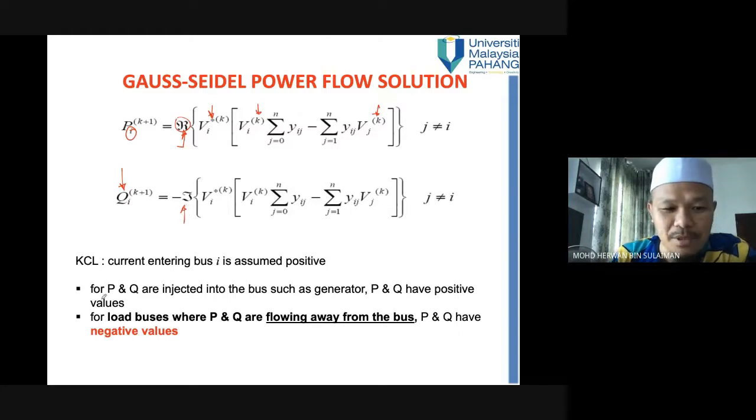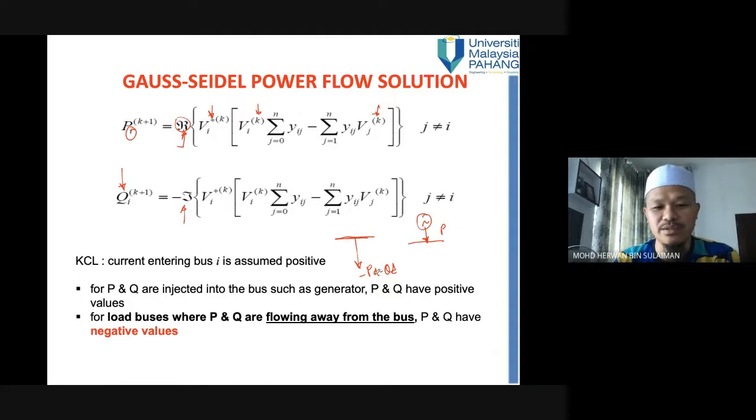And then for PQ, P and Q are injected into the bus, such as a generator. P and Q have positive values. So this means that, let's say we have generators, because the current is entering, this is the generator. That's why P and Q must be assumed to be positive values. However, when we have a load, PD and QD normally we construct as negative because it is leaving the bus.